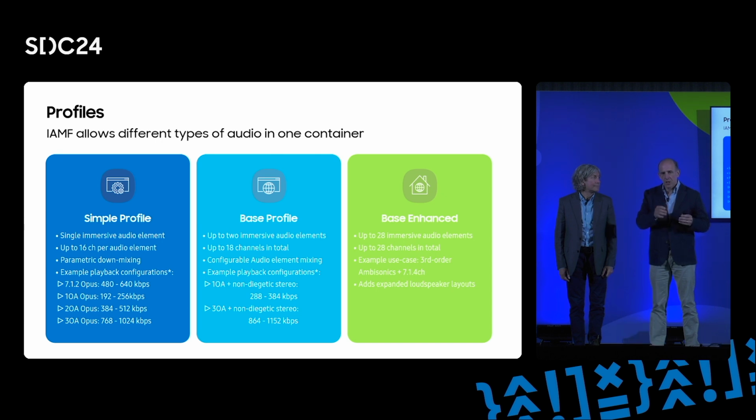And those 18 channels can be used for third order ambisonics and up to 2 stereo channels. And then there's a base enhanced profile, which supports up to 28 channels, which again allows you to mix and match with even more audio elements.